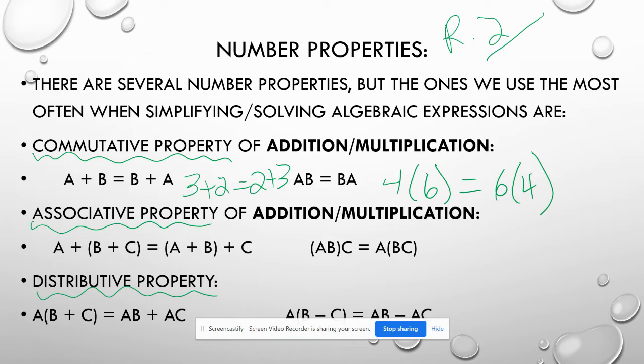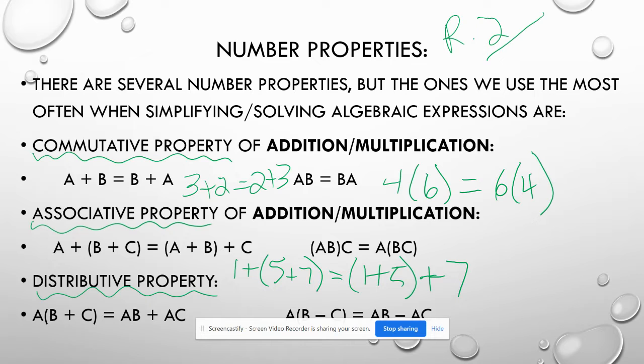The associative property involves moving parentheses. So if I have 1 plus 5 plus 7, that would be the same as 1 plus 5 plus 7, with the parentheses moved.